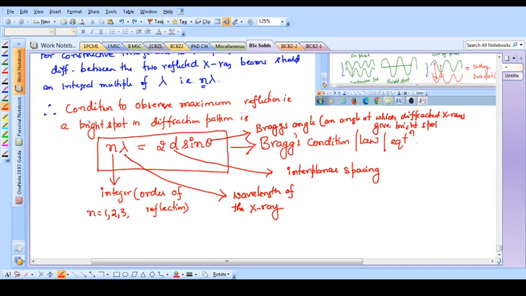It is not just the angle of reflection, it is a very specific angle called Bragg's angle, which corresponds to a bright spot in the diffraction pattern.